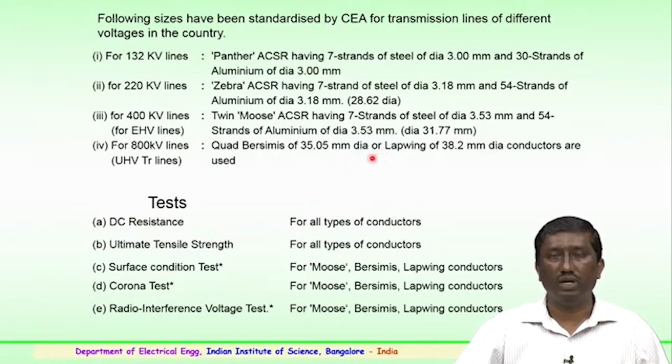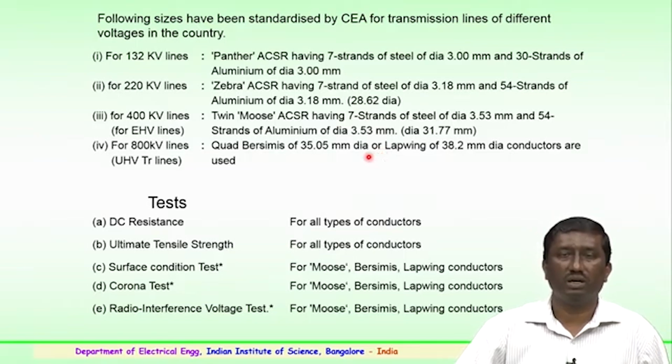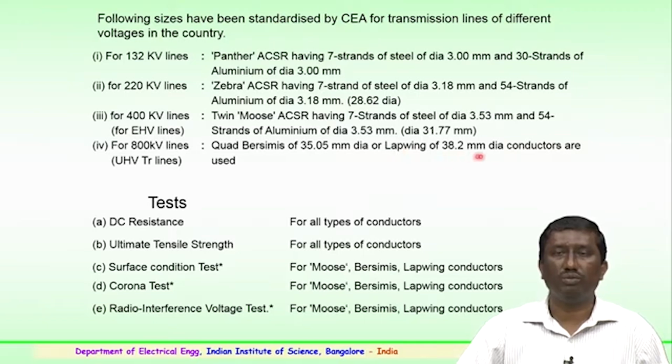In case of Bull, it is 36 mm dia, and Lapwing is 38.2 mm dia. Quad is a 4 bundle conductor, twin is 2 bundle, and for higher voltages you have quadruple bundle or 8 bundle, which is octo bundle conductors. Similarly, depending upon the voltage level and the current carrying capability, the number of conductors in a bundle is chosen.